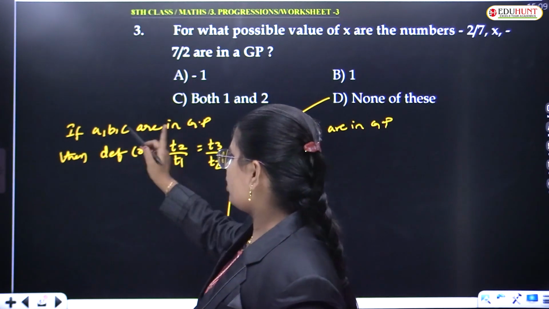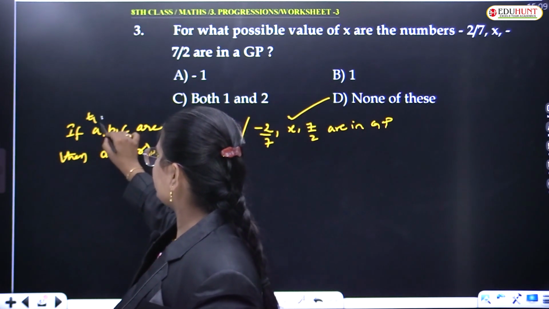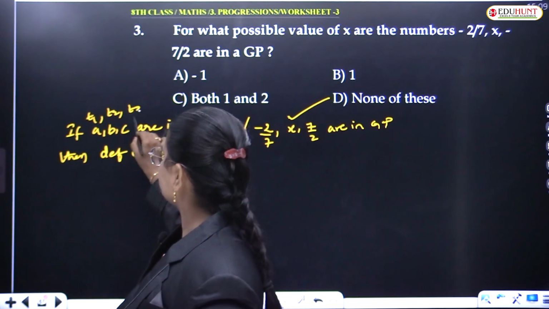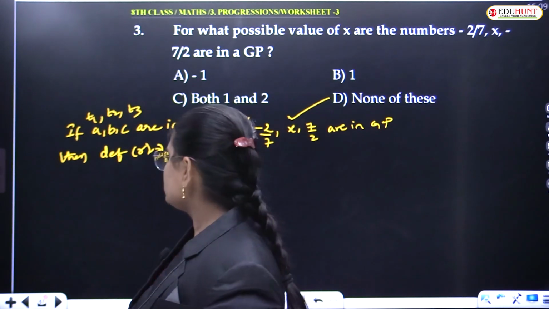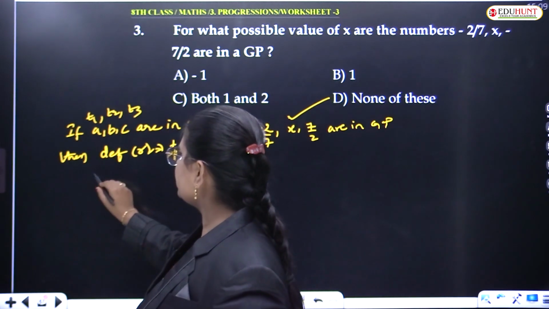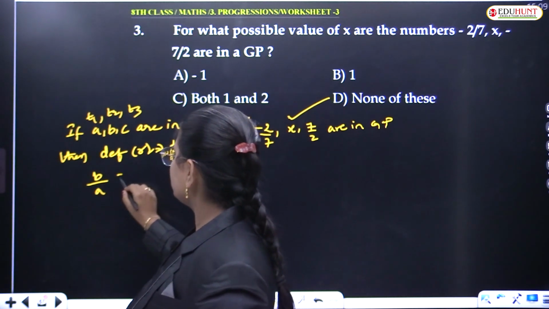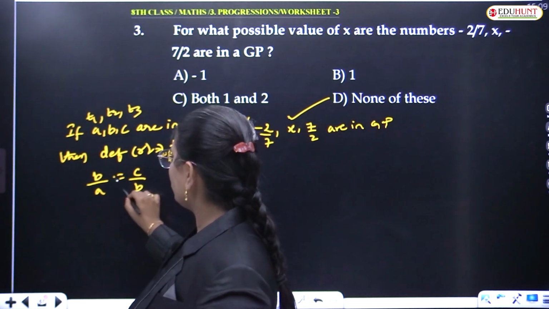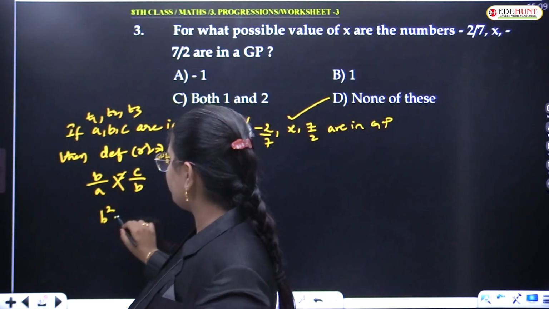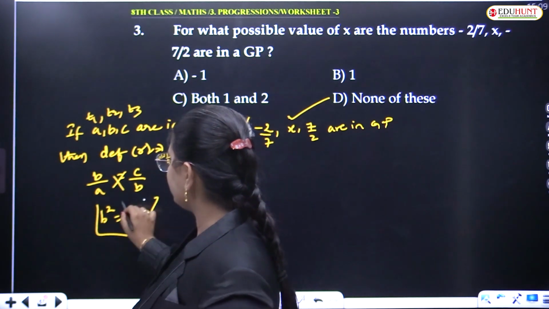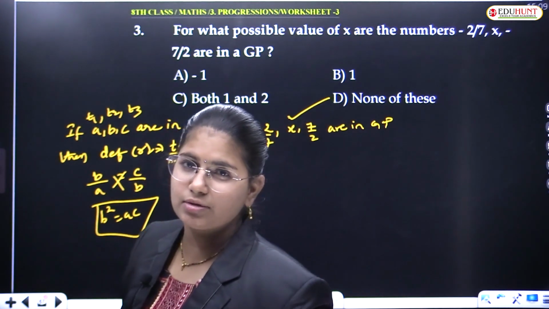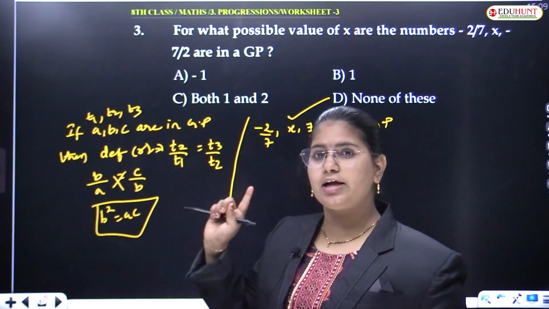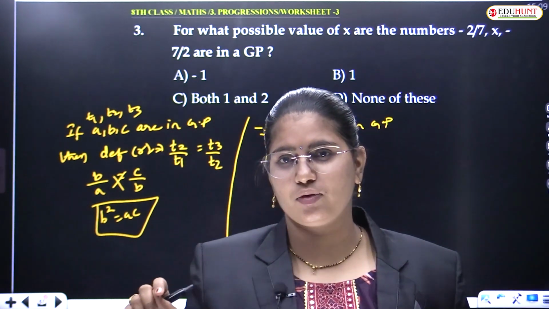Yes or no? So what are T1, T2, T3? T1, T2, T3, just imagine. What is T2 by T1? B by A is equal to C by B. On cross multiplication, we have B square is equal to AC. There is a similar kind of result I have already explained in arithmetic progression.